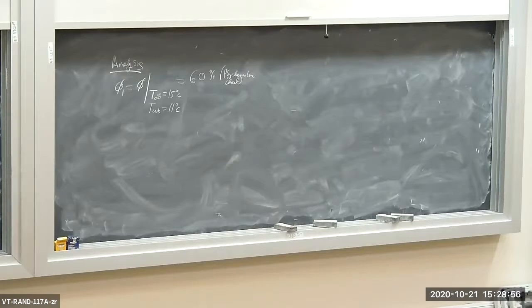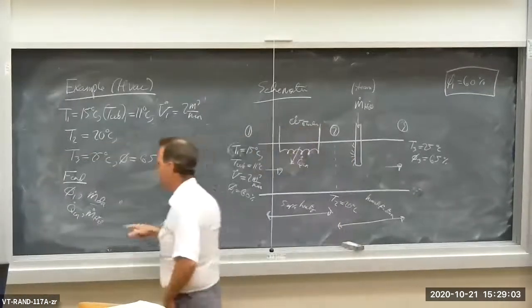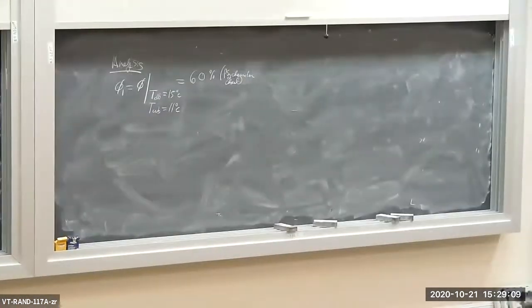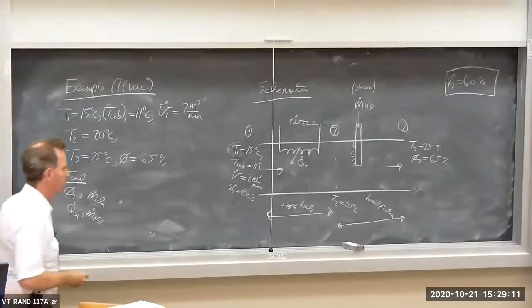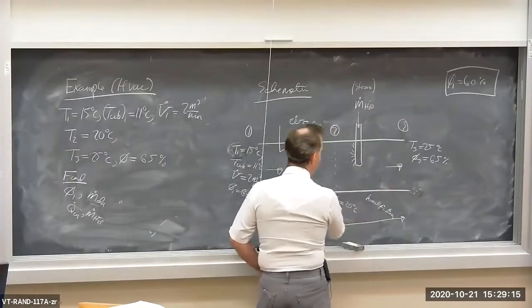Okay, now let's calculate m dot for the dry air at the inlet. By the way, we're going to prove this in a minute. Well, maybe I don't even need to prove it. Notice there's no dry air injection anywhere.